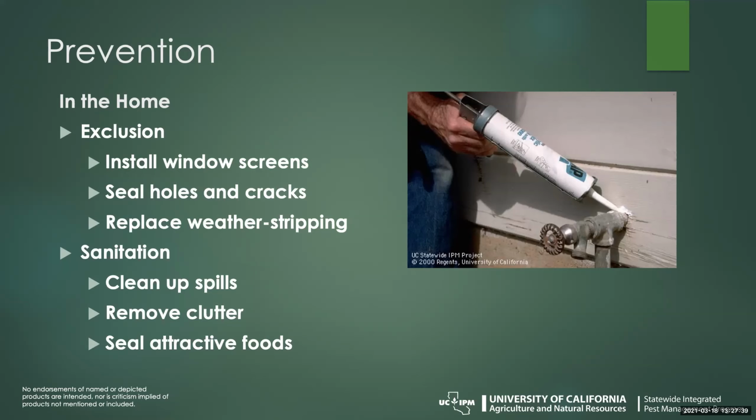But as I said, with mosquitoes, you can install window screens and make sure that they are properly kept up, and there aren't rips and tears and openings. Sealing holes and cracks, and replacing any kind of weather stripping around doors. All of these are really great exclusion tactics for keeping pests out.